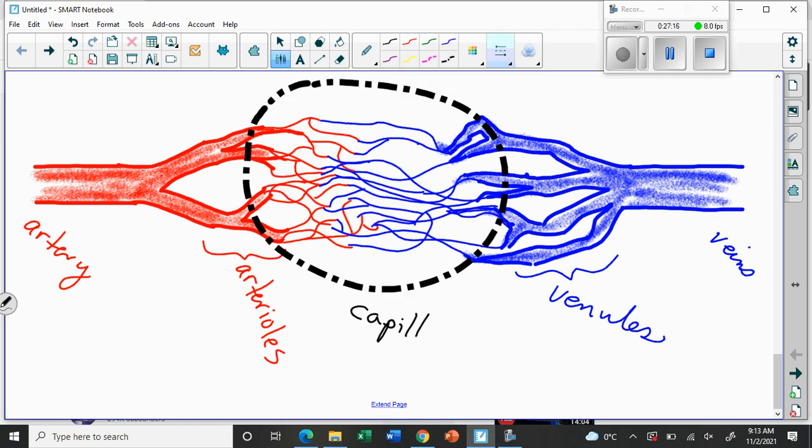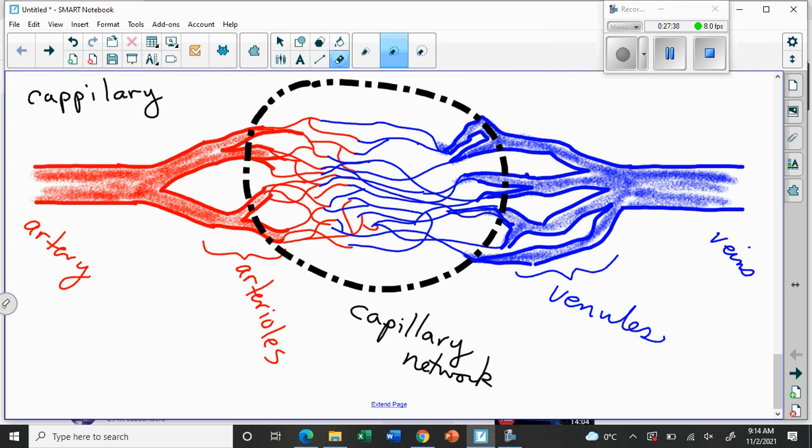So capillary network. Network because it's all interconnected like that. Capillary, right? So you see the double L in the word capillary. Well, if you pronounced it capillary, we would spell it like this, using the rules of English with a double P, because the double consonant is where the stress is. So I like to be a sort of traditionalist and pronounce it capillary because of the way it's spelled.